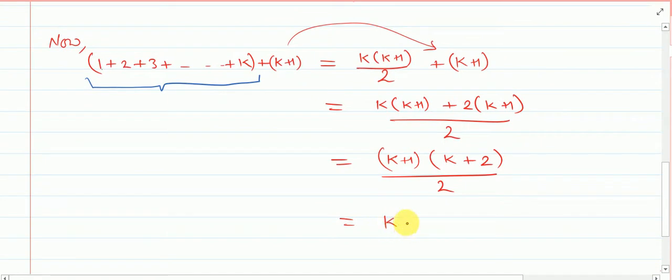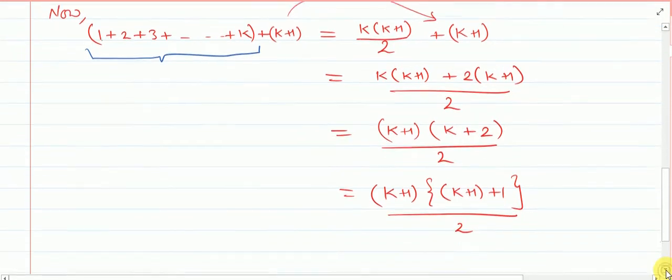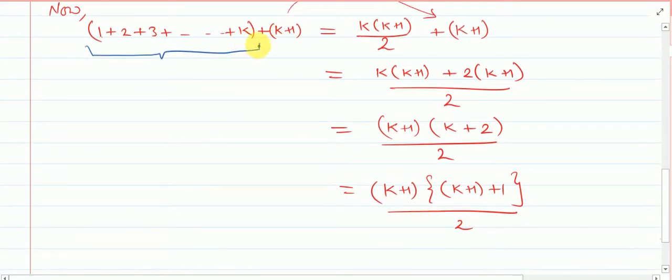Now further, this k plus 2 can be written as k plus 1 plus 1. Now can you see this, you have got that.